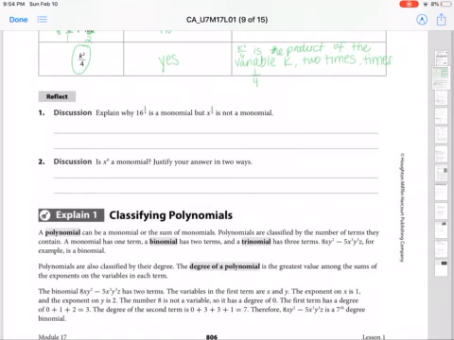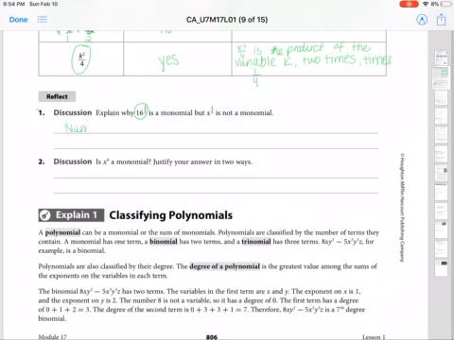So if we're looking at the reflect, explain why 16 to the 1/3 is a monomial, but x to the 1/3 is not a monomial. So the only reason is because 16 is a number, right?